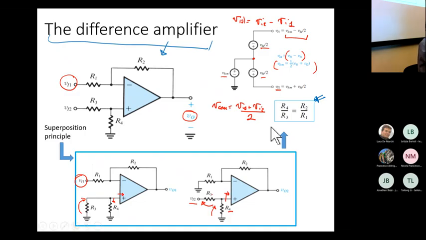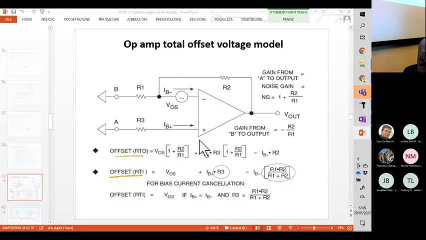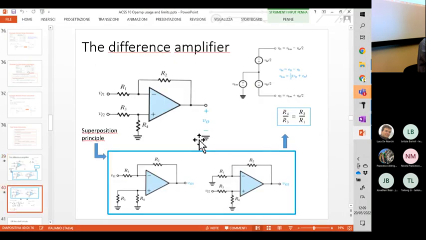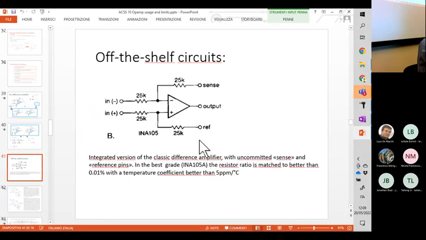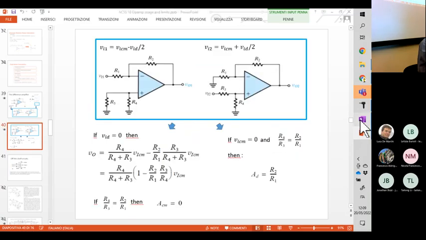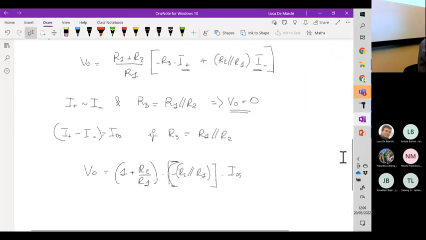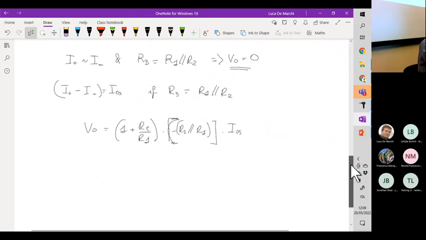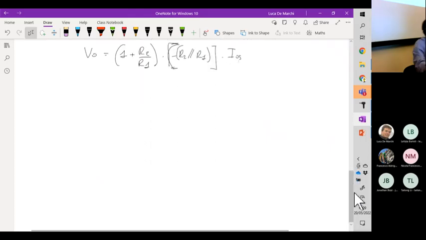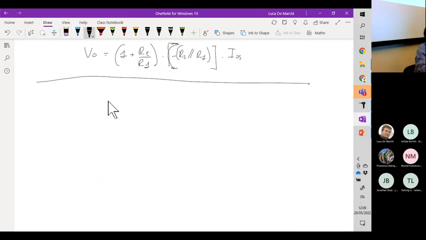So let's see what happens when we have a slight variation of one resistor. So the configuration is this one.